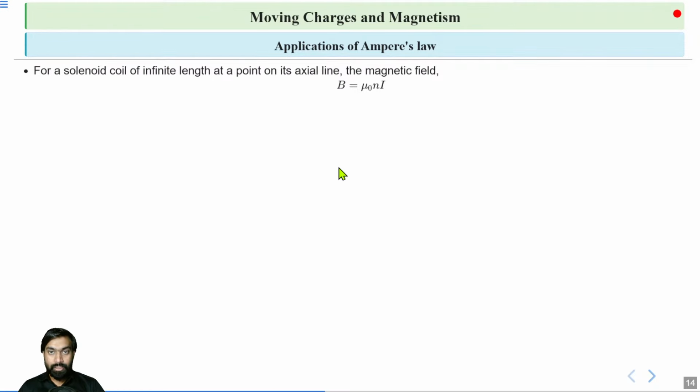Let's see the magnetic field inside a solenoid, infinite length approximation. For a solenoid that is very long, ideally infinite length, the magnetic field at any point along its central axis can be calculated using Ampere's law. B is equal to mu naught n I, where n is the number of turns per unit length.